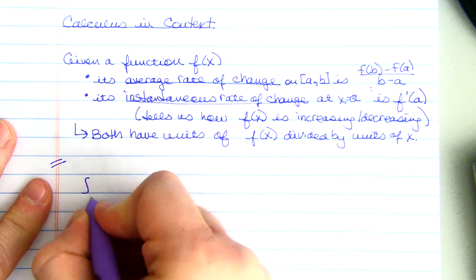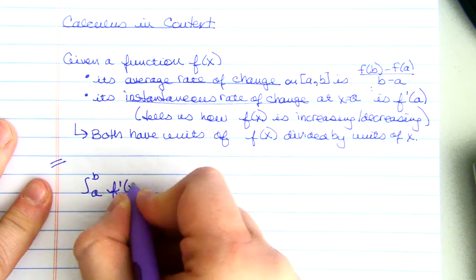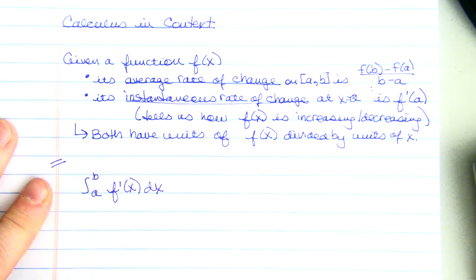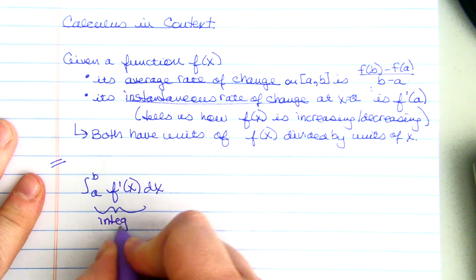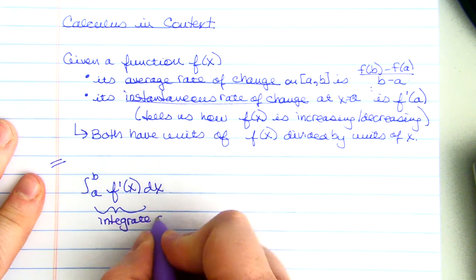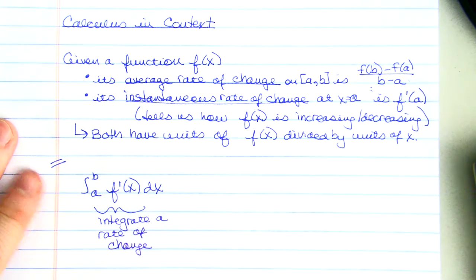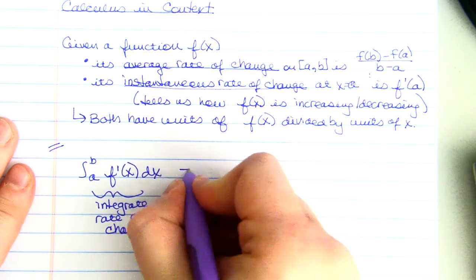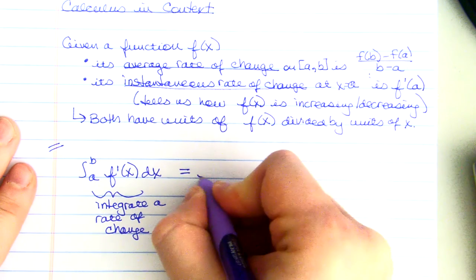If I go and integrate f prime of x dx, which is like saying we're going to integrate a rate of change, well, by our first fundamental theorem of calculus, this should give us f with b plugged in minus f with a plugged in.